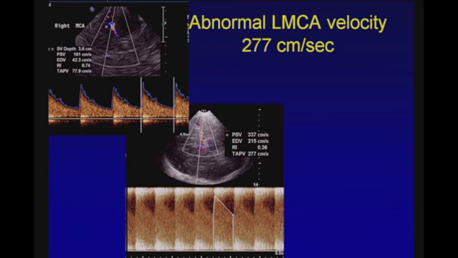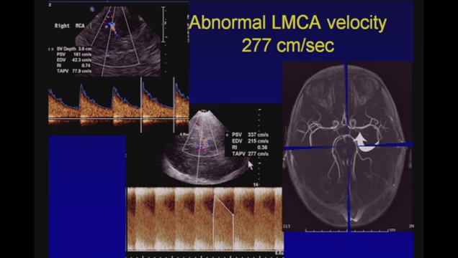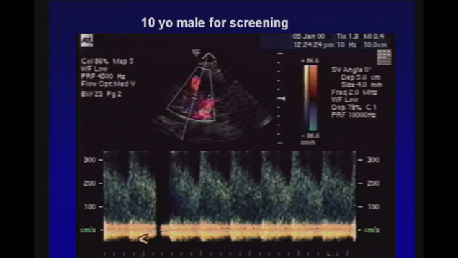Let's show you an example of a child with sickle cell disease. In the right MCA, the time average maximum mean was 78 centimeters per second. On the left, notice how high it is. It's over 280. And indeed, this child did have a stenosis. Another 10-year-old came in for screening, was asymptomatic, and one can see that the peak systolic velocities are over 300.